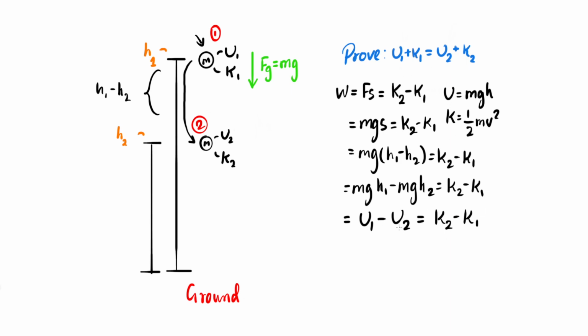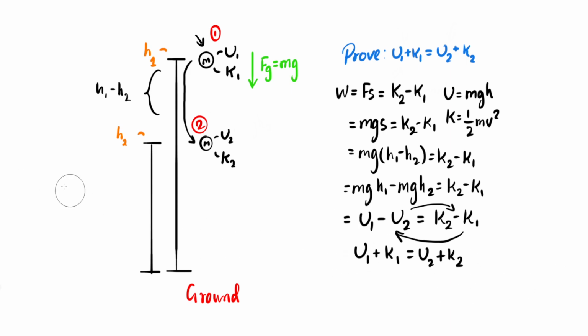Let's put U2 to this side, and let's put K1 to this side. Assuming that you know basic algebra, you will finally get that U1 plus K1 is equal to U2 plus K2. Sorry, this is not equal to work.